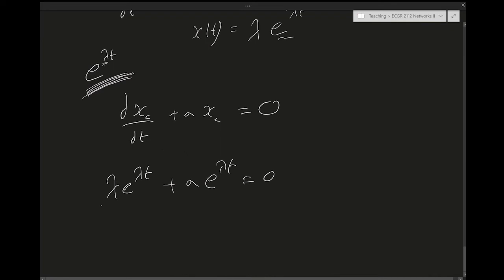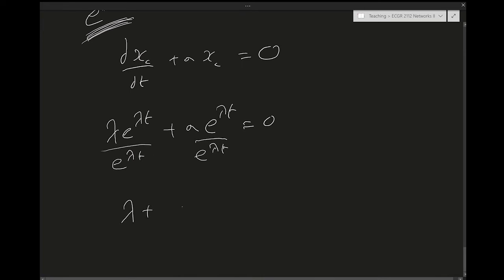I can divide everything by e^(λt), and I end up with λ plus a equals 0. So that's the beauty of the characteristic equation. I turn the differential equation into an algebraic equation. And this equation tells me that λ equals minus a.